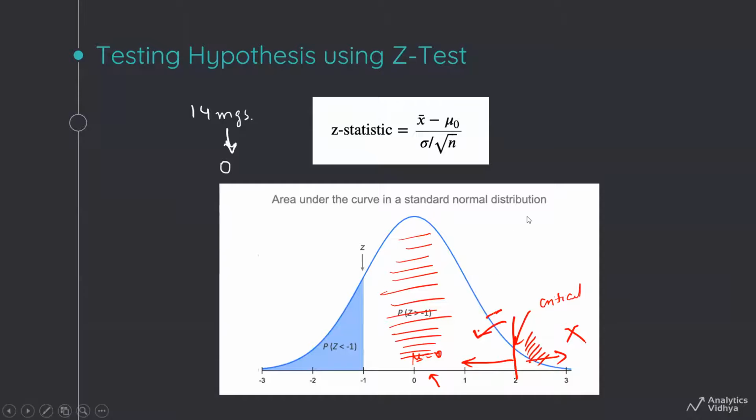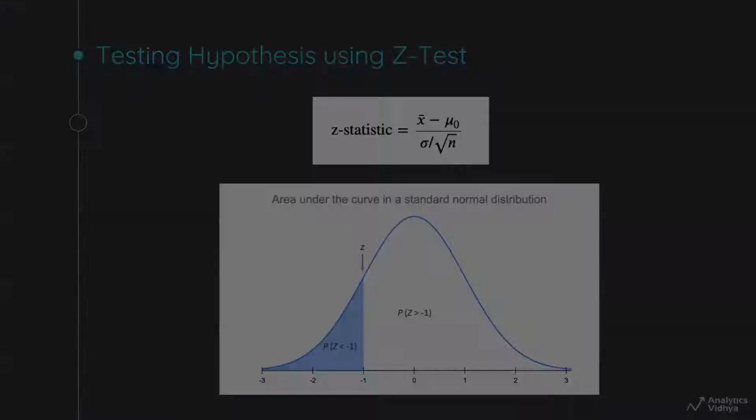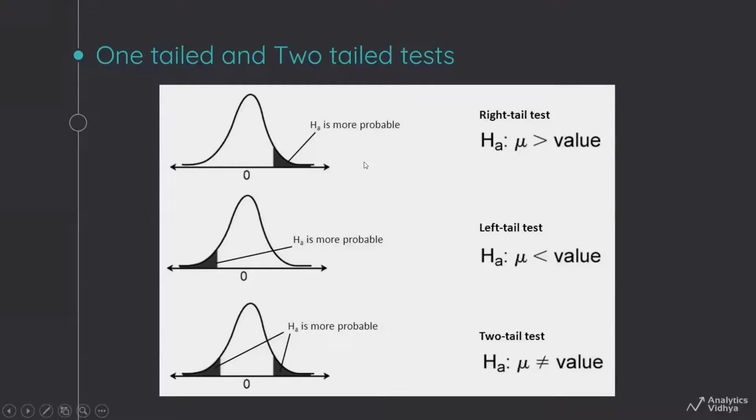Now I'll deal with the z statistic in detail with an example in the next slide. But as I said, you identify critical regions and then conclude whether you can accept or reject the null hypothesis. Based on the kind of problem statement you're dealing with, the rejection region would fall either on one side of the distribution or on both sides.